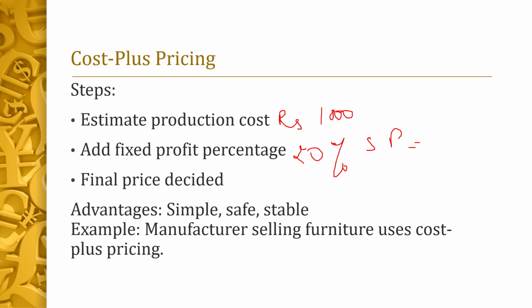It will be rupees 1200, right? Because 20% is, sorry for the handwriting here, right? So the selling price comes out to be 1200. Now how much is the profit? 200 rupees is the profit. This method is popular among manufacturing companies, government contracts, and small businesses. It is the simplest method that we could actually see.